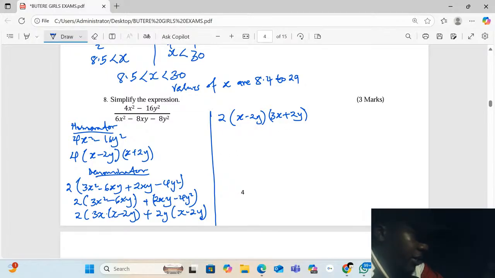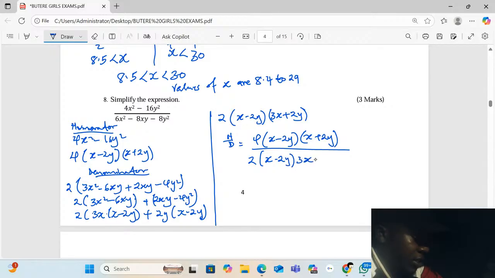So we compile the two so that we take the numerator over the denominator. Our numerator is 4 into x minus 2y, then x plus 2y, divided by the denominator, which is 2 into x minus 2y, then 3x plus 2y. So this one cancels with this.